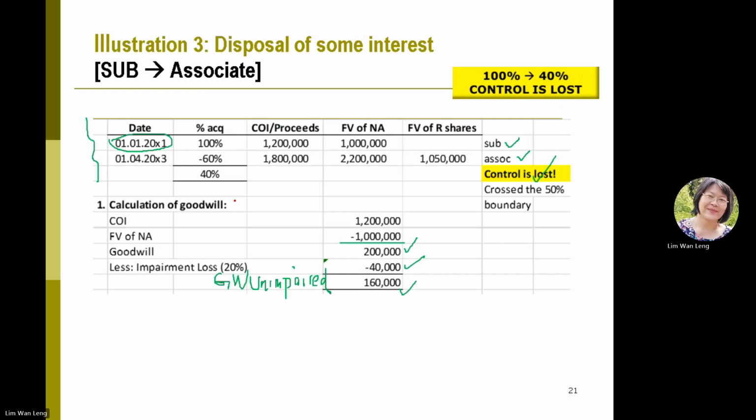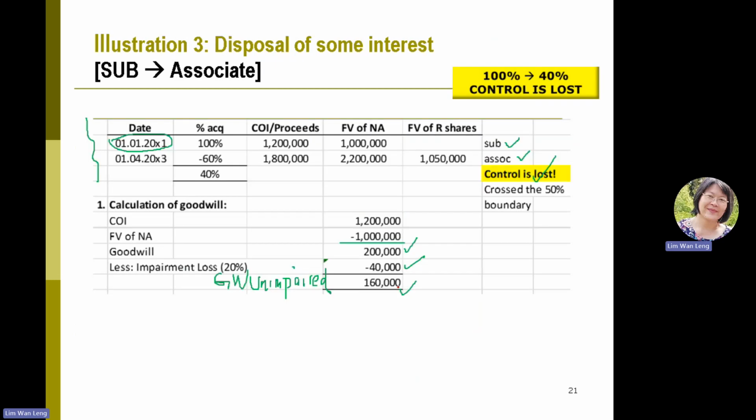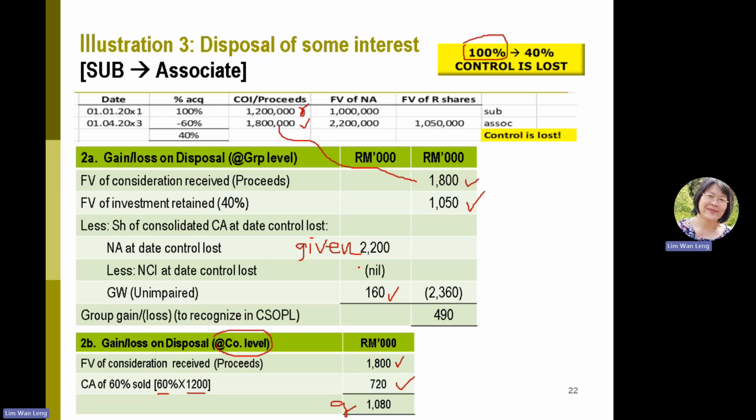All right. NCI at the date control is lost? Of course this one doesn't have, it is zero, because it was a wholly owned subsidiary. Goodwill unimpaired, you get it from the previous computation, this figure, 160,000. So you add and subtract, and you are going to get a gain on disposal.